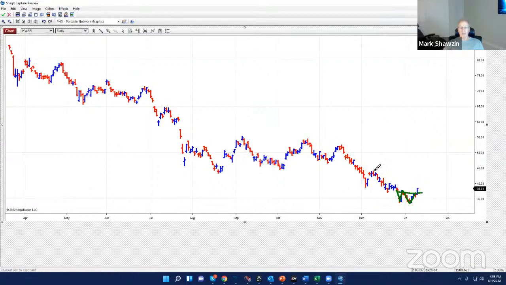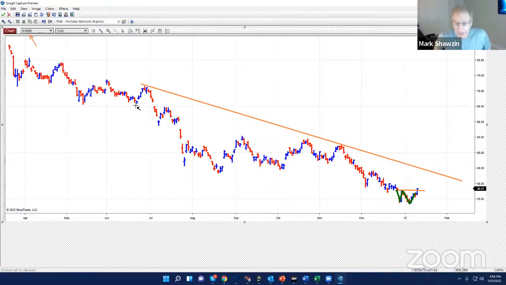You basically closed above the neckline today, so I think you're just confirming it. This is a huge downtrend, and I think over the course of this year you're going to see this thing turn around. So that is the more conservative way, KWEB. It's an ETF that comprises all these stocks, just a conservative way to get in there.